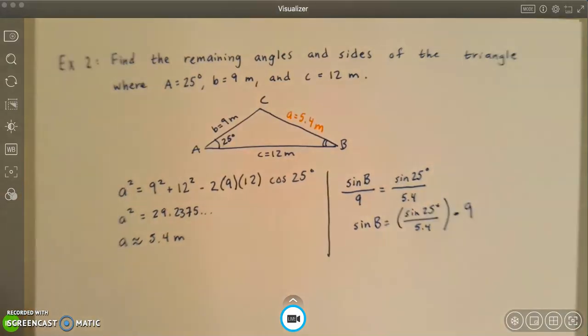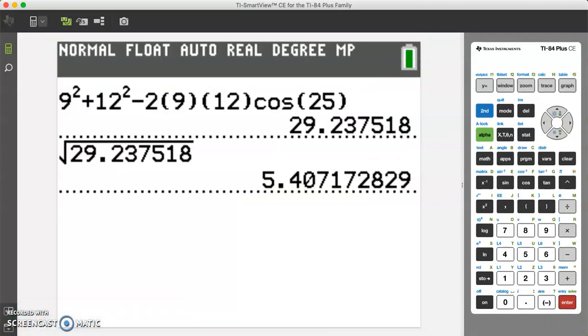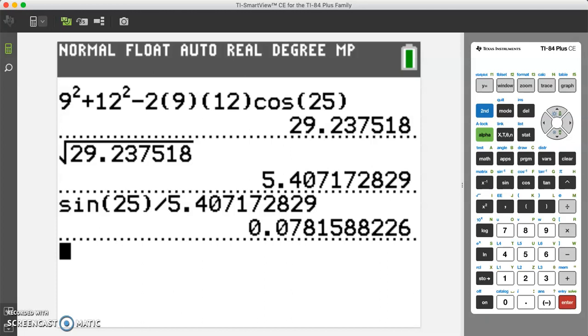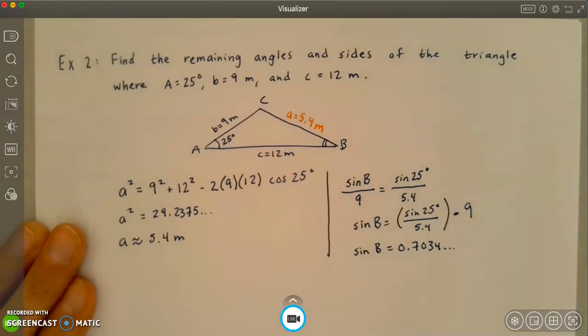So let's go ahead and see what we get in the calculator. I have sine of 25 divided by 5.4, I'm going to copy that value, and then multiply that by 9. So we have that sine of B is equal to 0.7034, and so on.